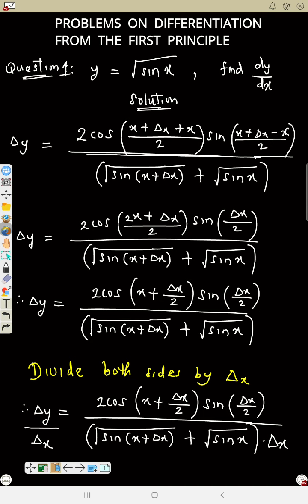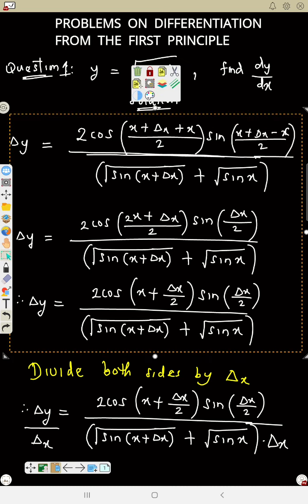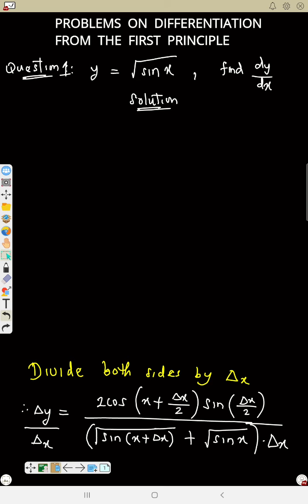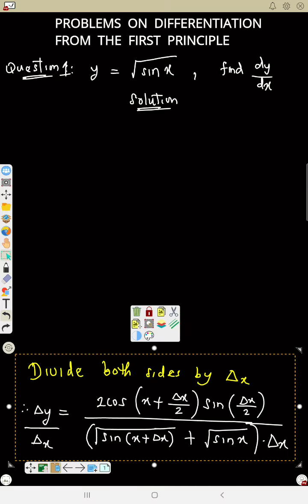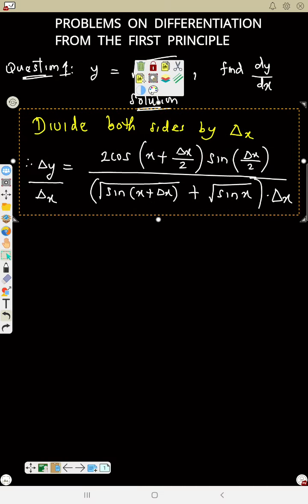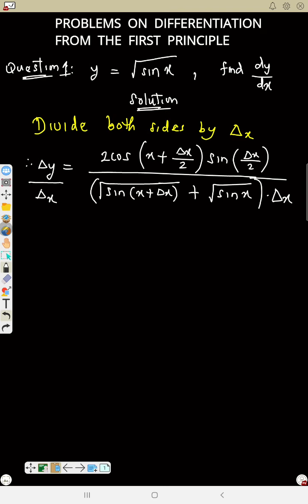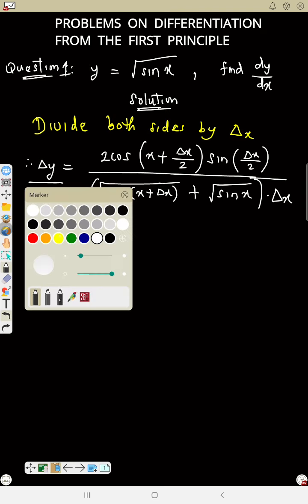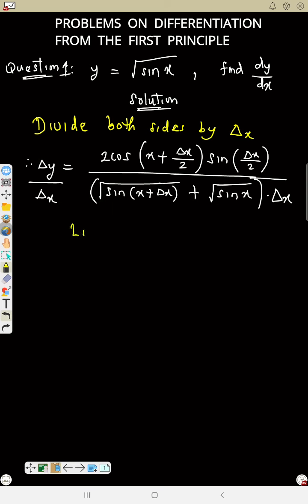Okay, so now I'll do one step here, but let me show you limits. Now we know that the limit as delta x tends to 0 of sine delta x over delta x is equal to 1.